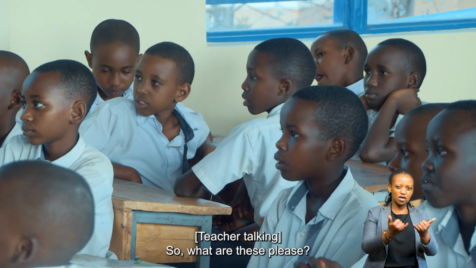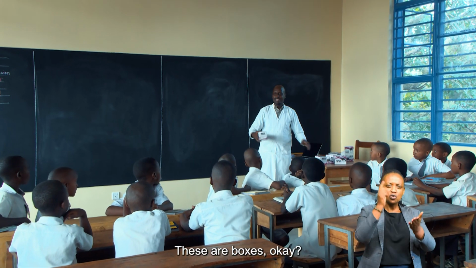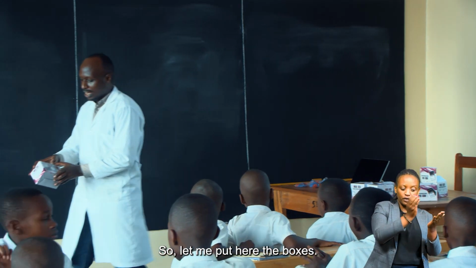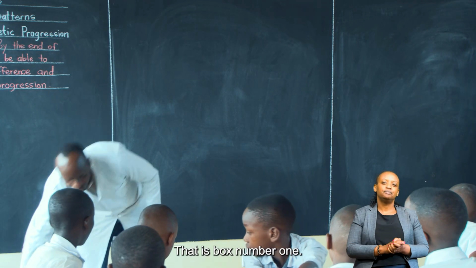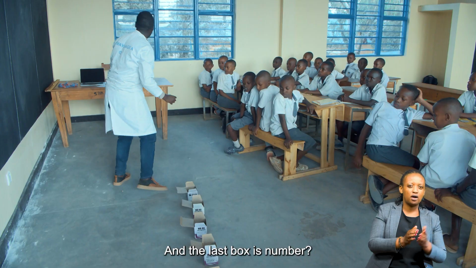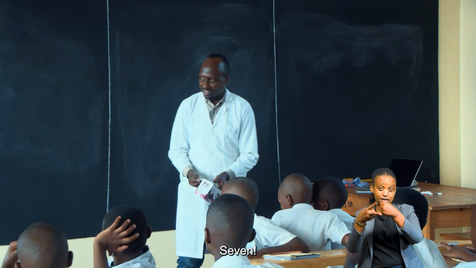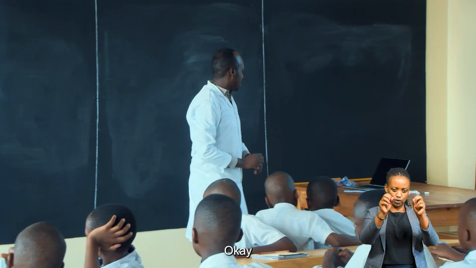So, what are these pieces? These are boxes. These are boxes, okay? So, let me put here the boxes. That is box number 1, and the last box is number 7. Okay.